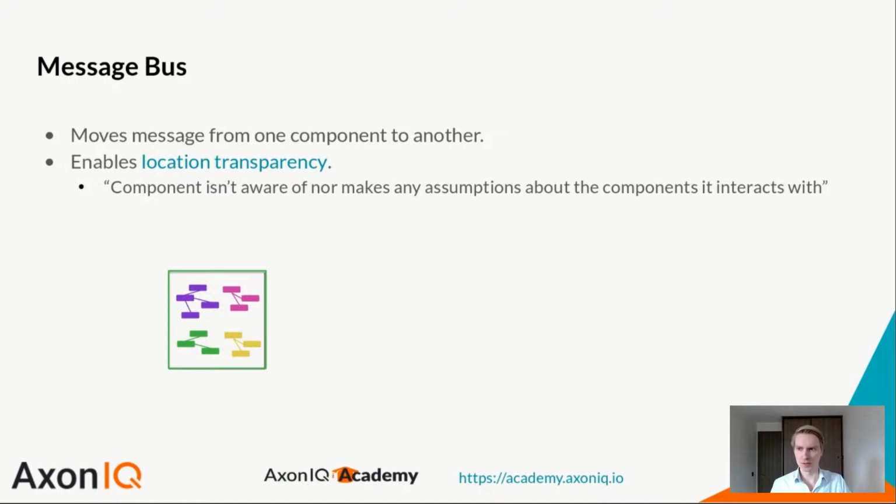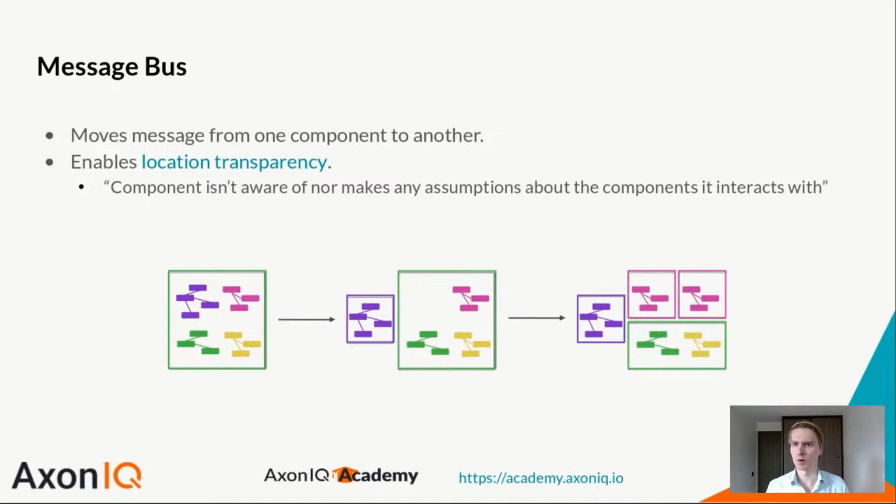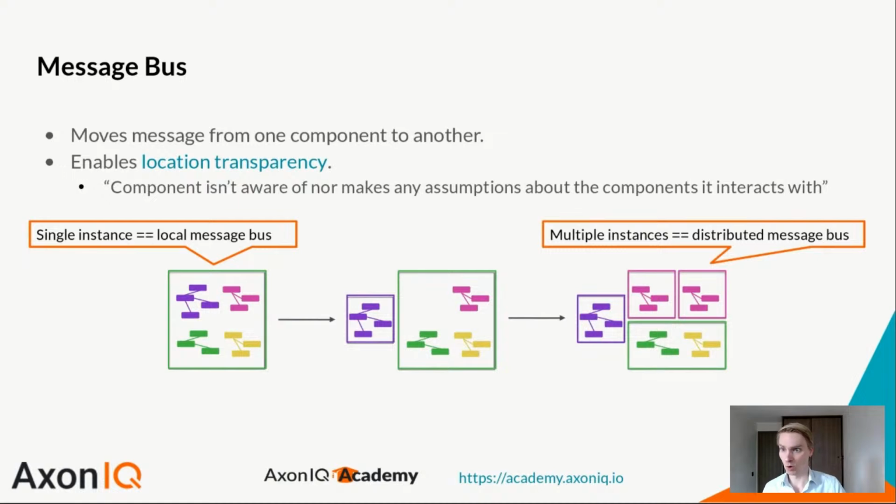Now, if we do our communication through that, then later we can say, well, if we want to pull out this purple component and later pull out more components, we can still send those same messages in the same way on those message buses, right? The only thing that changes is that in the single instance, you have just a local message bus, while if you have multiple instances, you will need a distributed message bus.